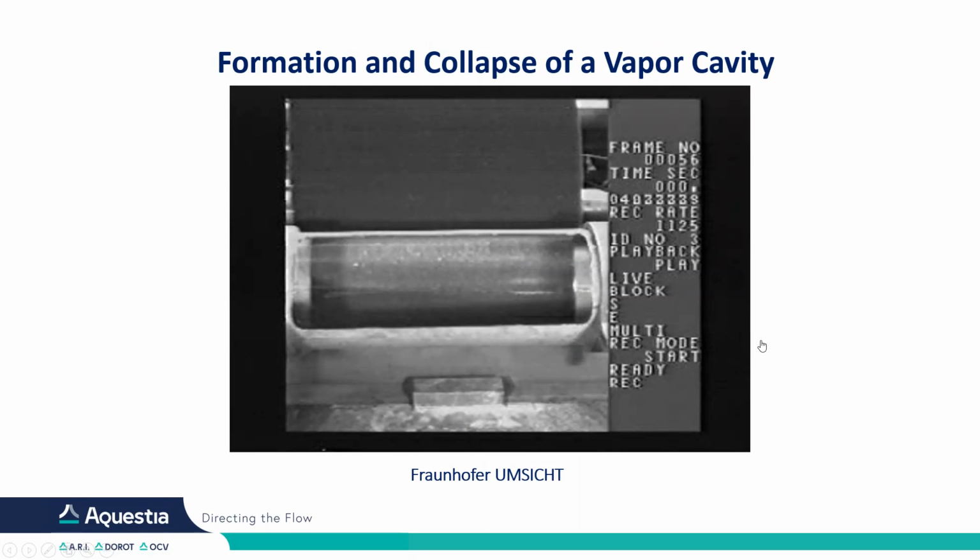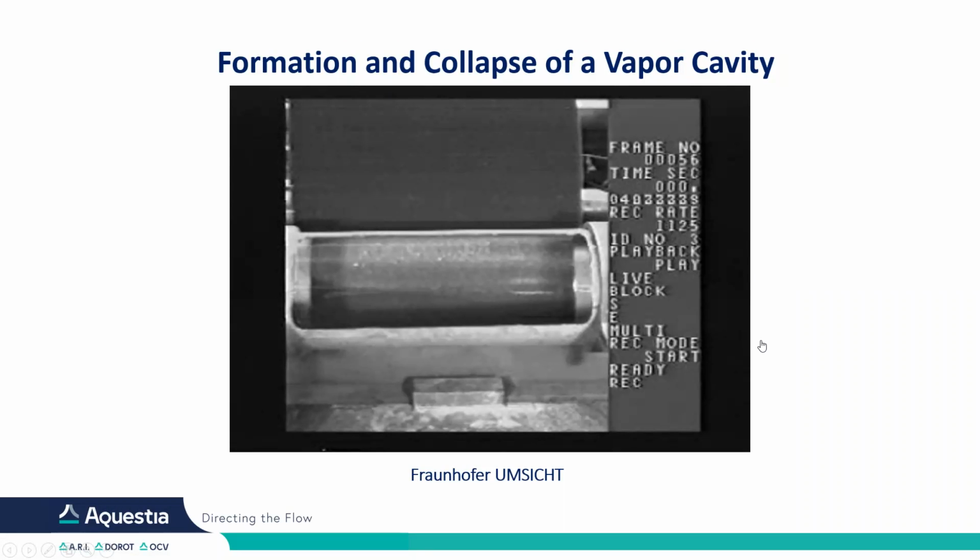a vapor cavity. So just before I show you this video, I would like to explain what's happening exactly. What is the water column separation? As you know, at what temperature does the water boil? At one absolute bar pressure, it boils at 100 degrees, right? But you need to understand that for each temperature you have a different vapor pressure, okay?